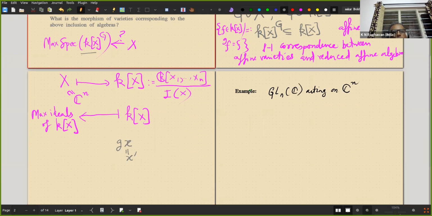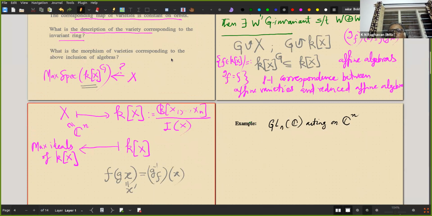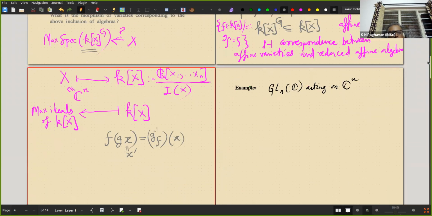If I take a function f here, then f of gx, by the definition of the action, is f of x, because f is in the invariant ring, so it is G-invariant.